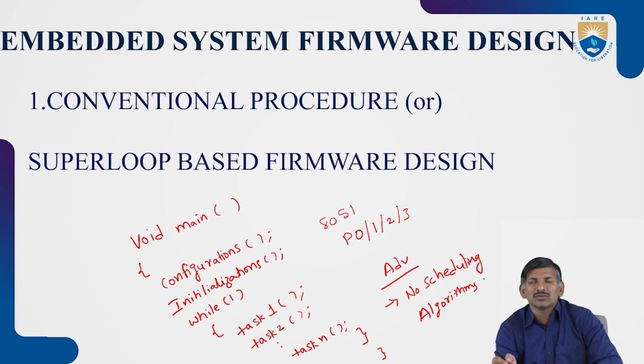So what is the advantage? The code length reduces. Code length reducing means execution time reduces, and execution time reducing means speed increases. That is one of the advantages. Next, limitations.